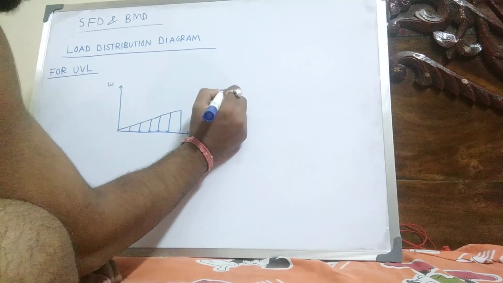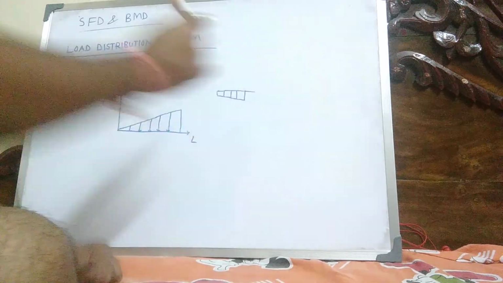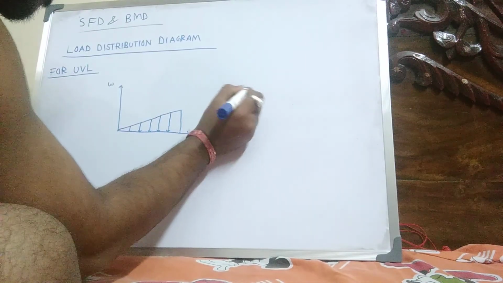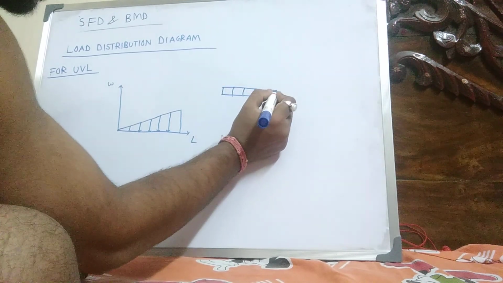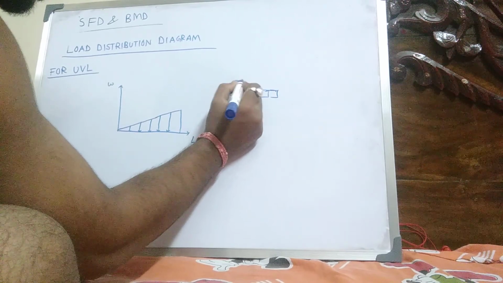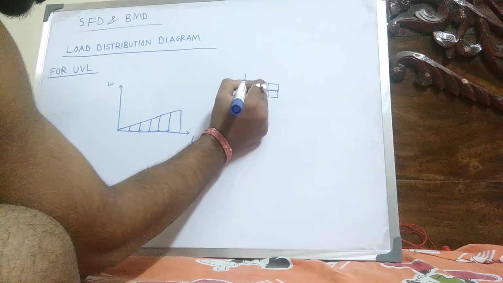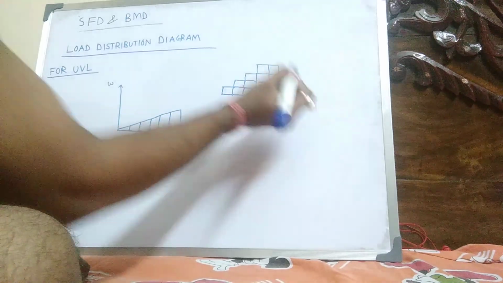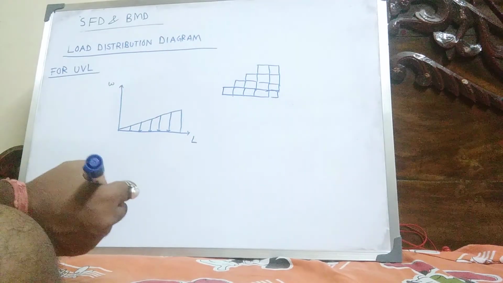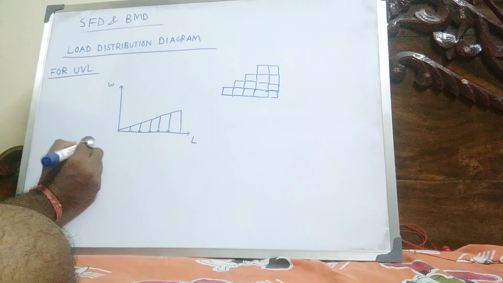Suppose there are 5 bricks on the floor, then 4 bricks on this brick, then 3, 2. This is a uniformly varying load, linear.